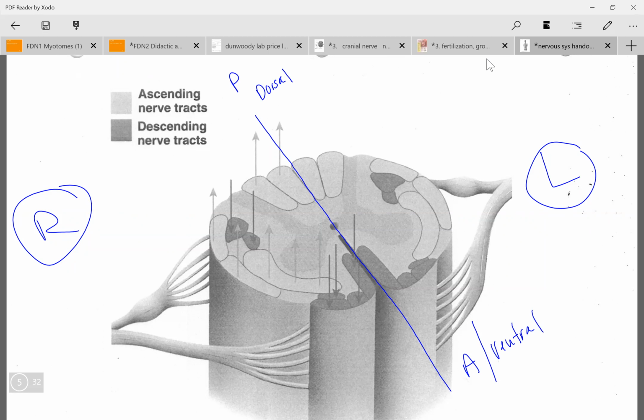Depending on the anatomy book, or the author, or your reading, they may use posterior or dorsal, anterior or ventral.